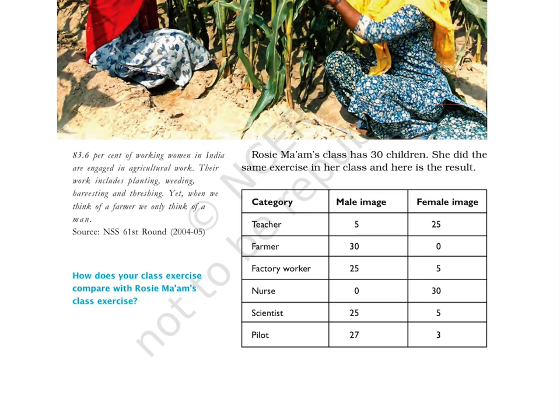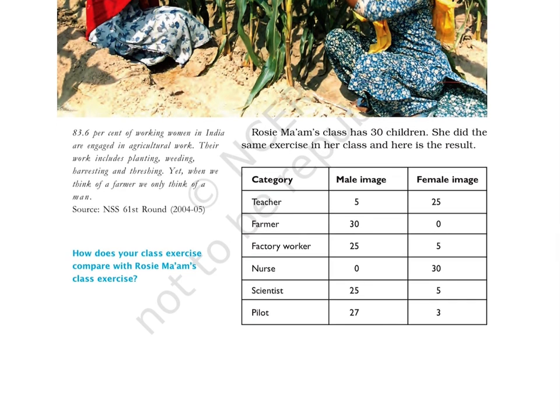In the nurse category, 0 male images have been given, and 30 female images have been given. In the category of scientist, male images were 25, whereas the female images were 5. And in the pilot category, there are 27 male images, whereas female images are 3.